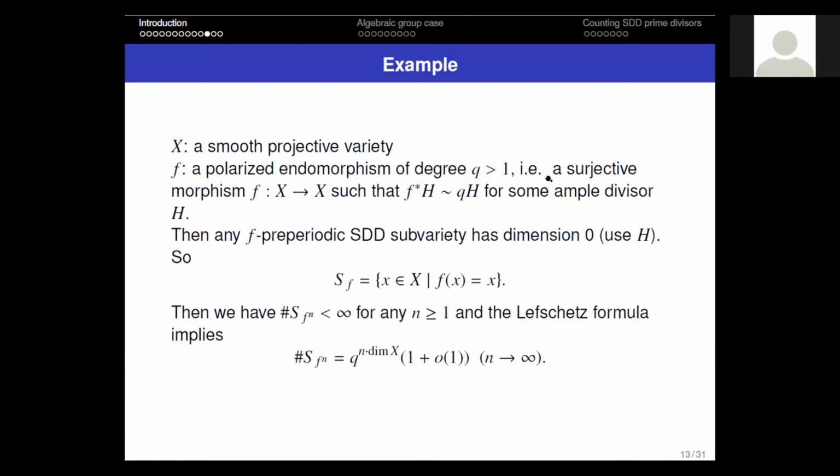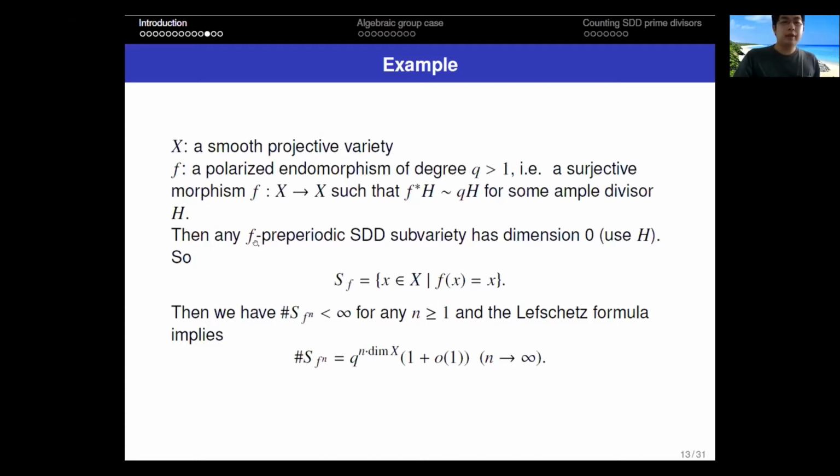This means f is a surjective morphism from X to itself, such that the pullback of an ample divisor H is linearly equivalent to q times H, where H is an ample divisor. This is a polarized endomorphism.